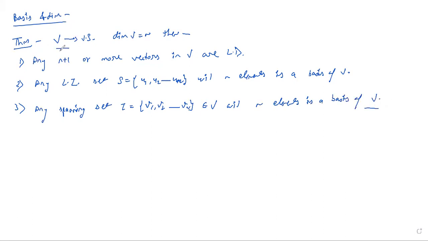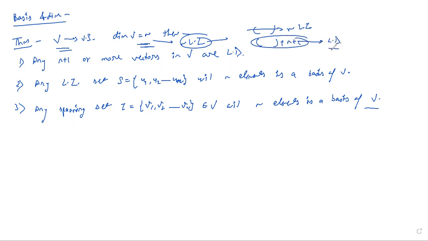So I have a vector space V which has dimension n. Then it means that I have n linearly independent vectors. So this is my set, it has n linearly independent vectors. Then if I add one more vector, which is the n plus 1 vector, in this set, then this vector would be linearly dependent.